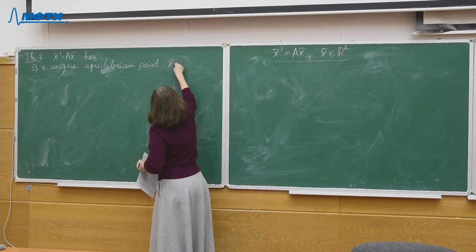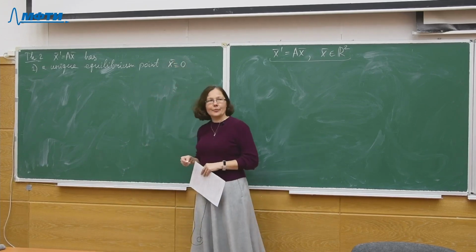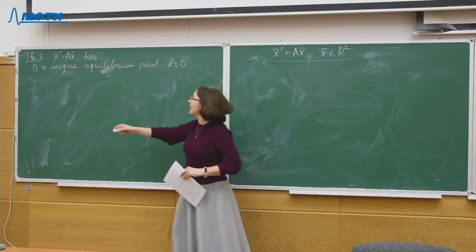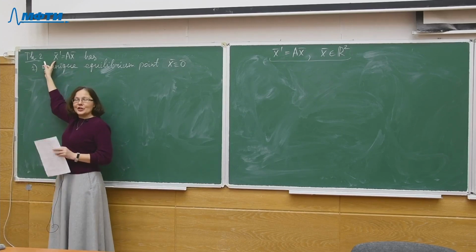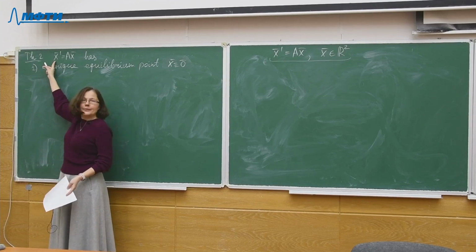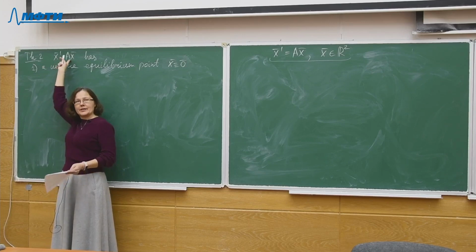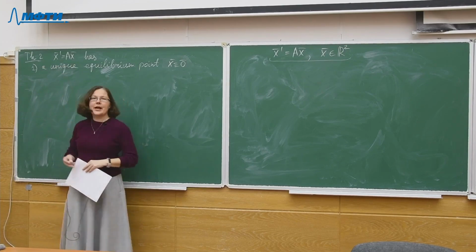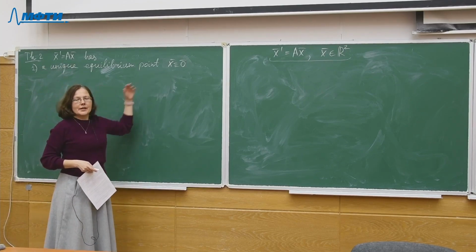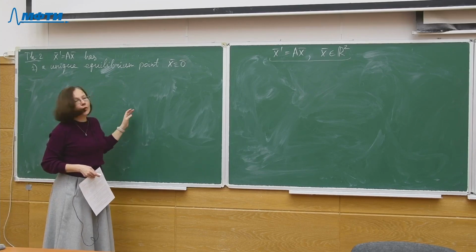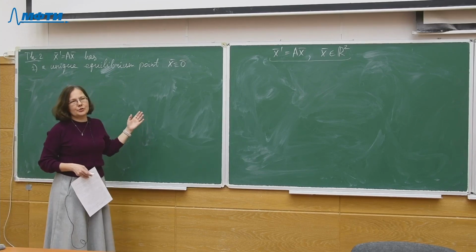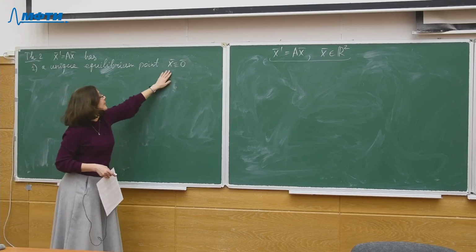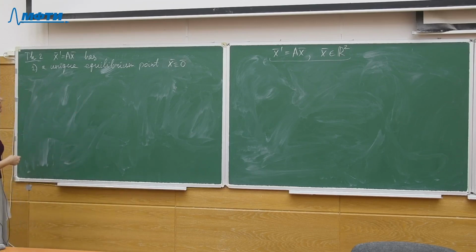X identically 0. Because this function satisfies this differential equation. If we differentiate a zero function, we will get 0. And if we multiply the matrix by the zero vector, we will get 0. So this solution satisfies this equation, and it is an equilibrium point in accordance with the given definition.